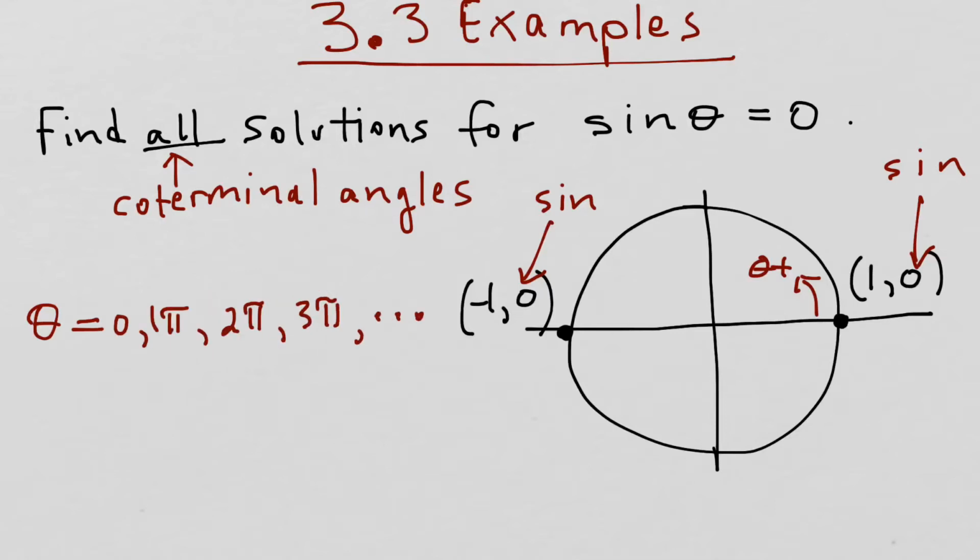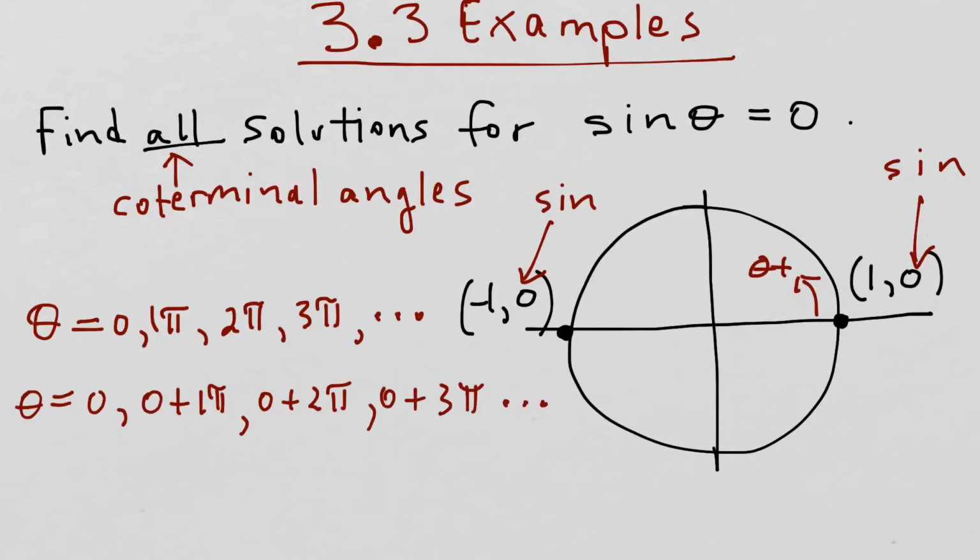Now let's look at this a little more deeply. This is equal to 0, 0 plus 1 pi, 0 plus 2 pi, 0 plus 3 pi, and on and on forever.